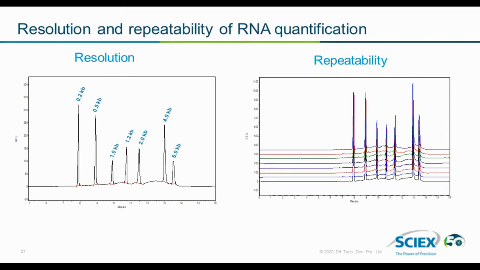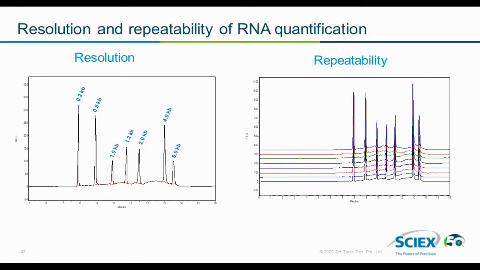CE separation of DNA and RNA has been around for a similar amount of time. So it's a well-recognized technique, and it can really help with the separation of size-based impurities in manufacturing of messenger RNA and smaller RNA.